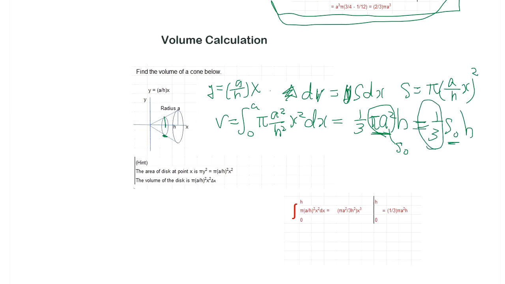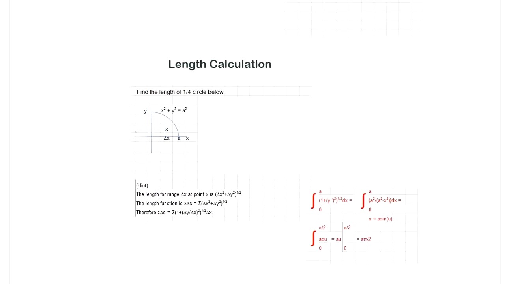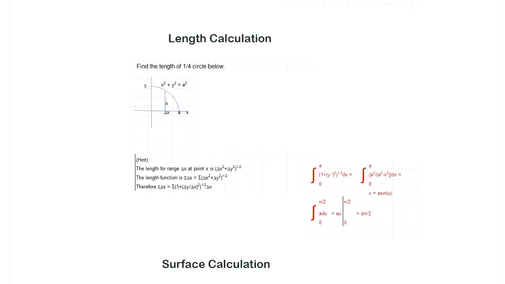Okay, so length calculation. How do you get the length? We have to get the ds. The ds squared is dy square plus dx square.